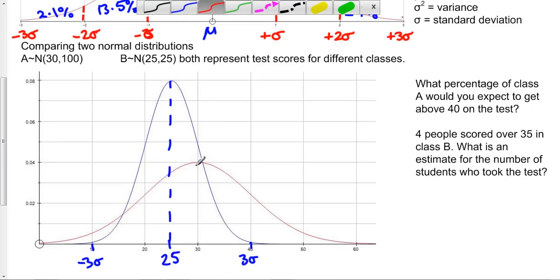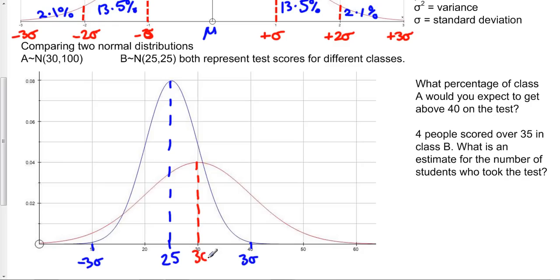And that's also true of test A, where the mean is at 30, and if we go 3 standard deviations, and the standard deviation is 10 this time, which means we've got the limits at 0 and 60, and you wouldn't expect many people to get above 60.